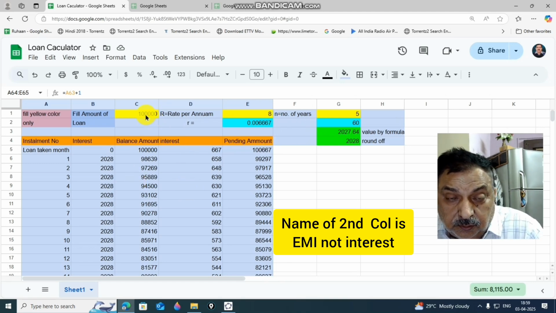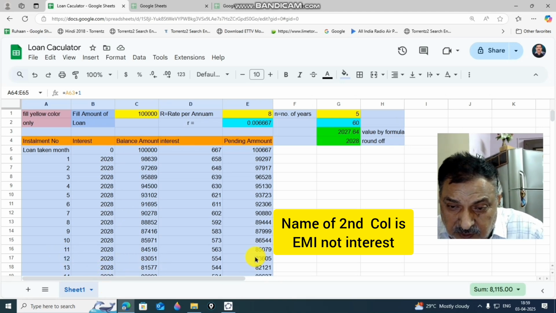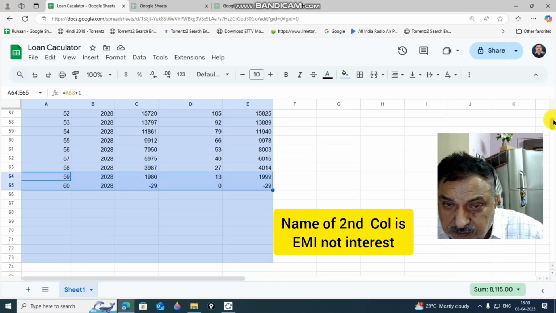Our principal was this, EMI was this. We have taken EMI 2028 up to 60 installments. The value after 12 installments will be this. The value after the 55th installment is this. The value after the 59th installment is this.